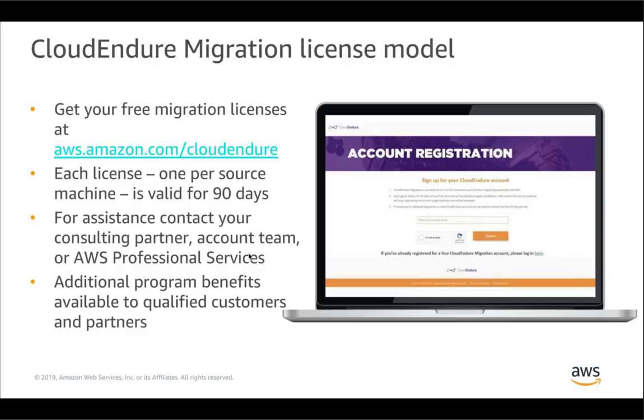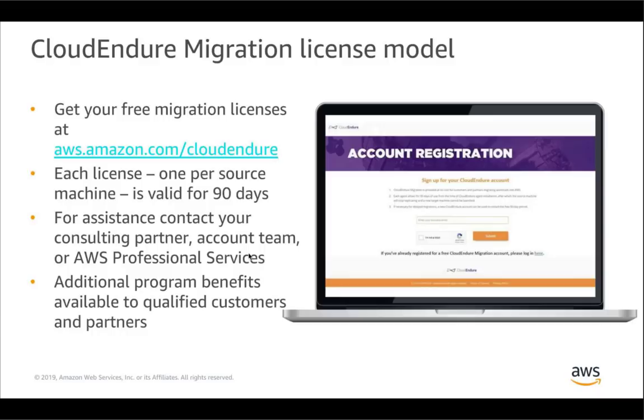If you did not complete the migration within the free 90-day period, you can still migrate at no cost by reinstalling the CloudEndure agent on applicable machines with a new CloudEndure migration account. This will allow you to perform replication, testing, and cut over for another free period of 90 days.